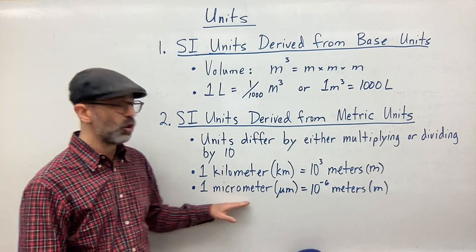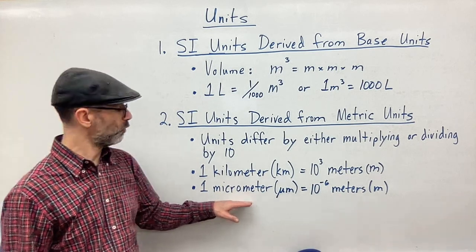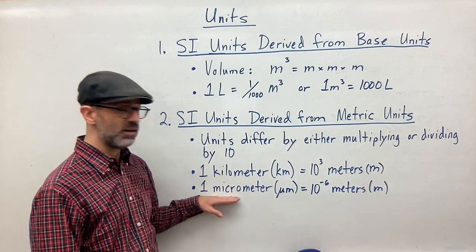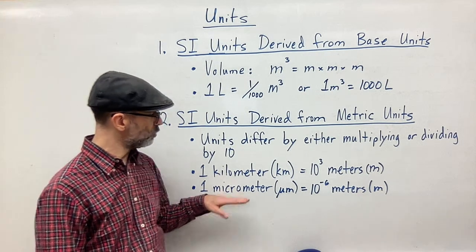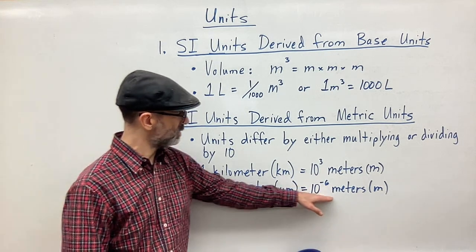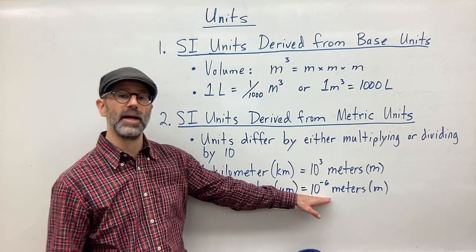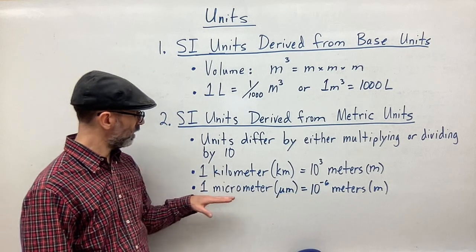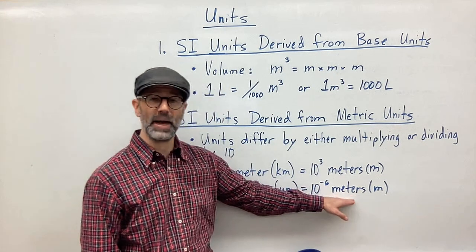If you go the other way, if you divide by a factor of 10, you get another unit, right? For example, 1 micrometer. Micro is another prefix, referring to the factor of 10 to the negative 6. So basically, we have divided by 10 6 times. To get a micrometer, you have to divide your base unit by 10 6 times.